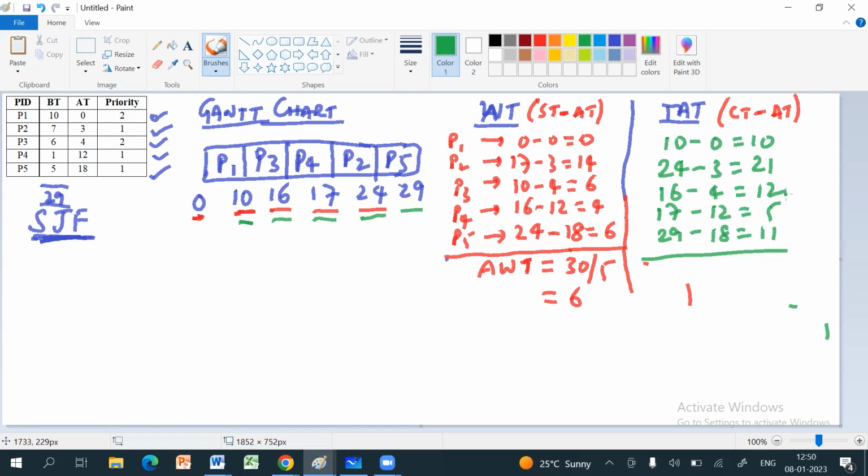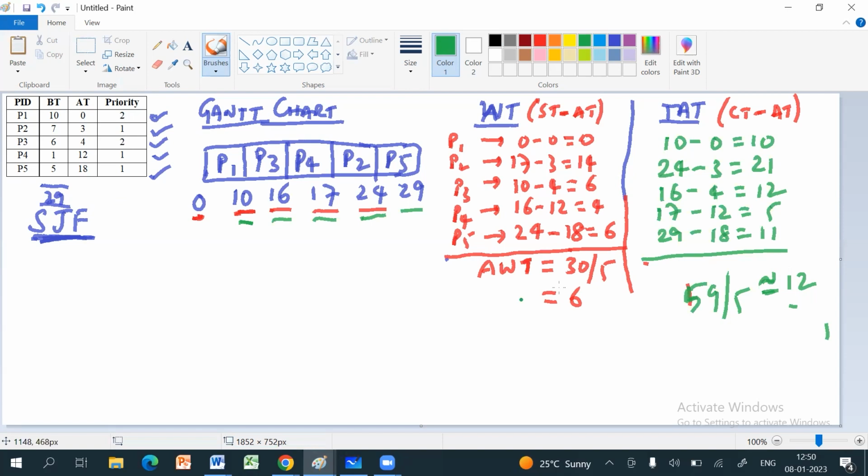So that comes up to 31, 43, 48, and 59. 59 divided by 5, which is approximately equal to 12. Okay, so you'd probably get 11 point something. I just put it as approximately equal to 12.